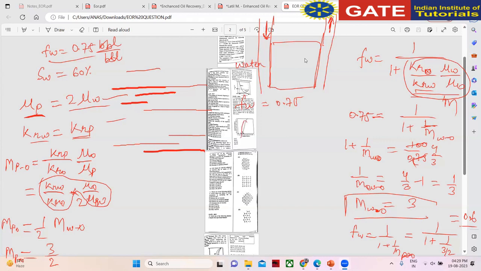We know that FW is equal to 1 upon 1 plus 1 by M. Because this system is only water flood, the mobility is only between the water and oil, because water is displacing your oil when you inject water. Okay. So FW value is given, so you calculate MWO from this equation. Okay. And this will come to 3.